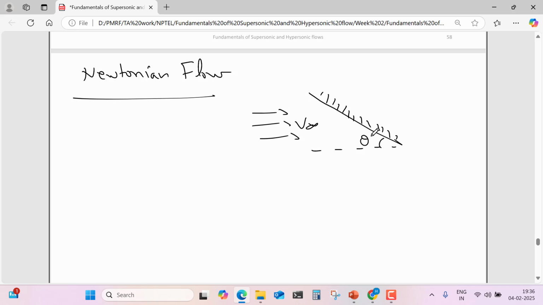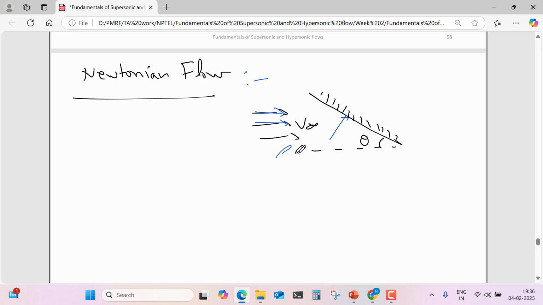We will also see what is the Newtonian flow. This Newtonian flow is the simplified theory to find the Cp on any surface. So according to this theory, let's say there is one flat plate inclined in a flow and flow is hypersonic, then whatever momentum is perpendicular to the plate, it will be transferred to the body.